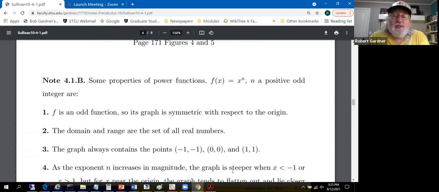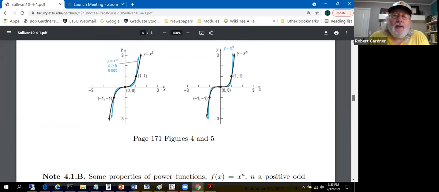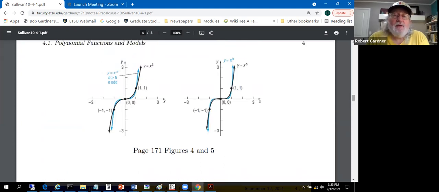The graph always contains the points -1, -1, 0, 0, and 1, 1. Right, similar to what we had above. Put 0 in, get 0 to the n out. So we get 0, 0, 1, comma 1 to the n, going to produce 1. -1, comma -1 to the n.